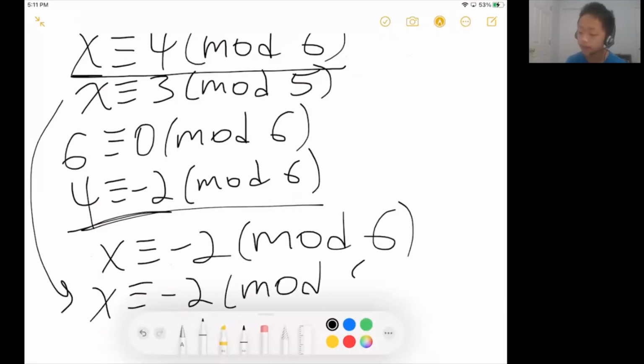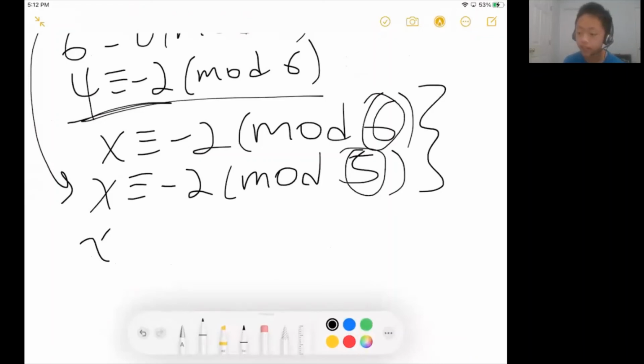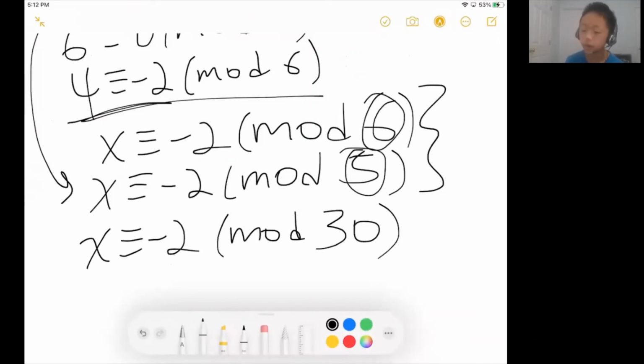If we combine these 2 congruences, we take the least common multiple of 6 and 5. So x is congruent to negative 2 mod 30. Now we can easily find that the smallest value that works is x equals 28, since 28 and negative 2 are both congruent modulo 30.